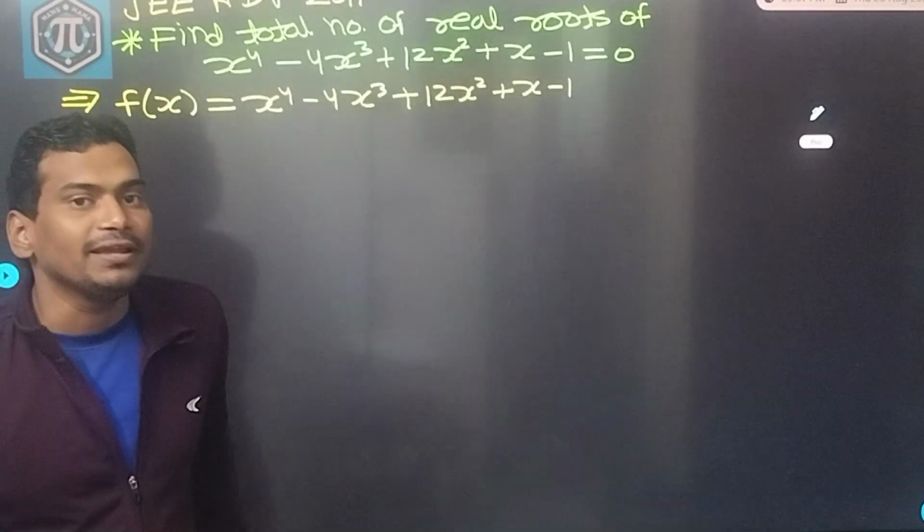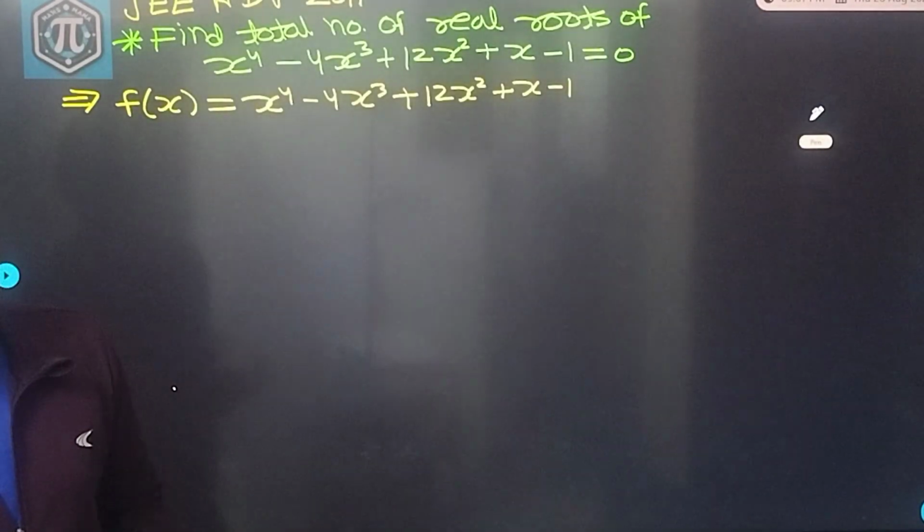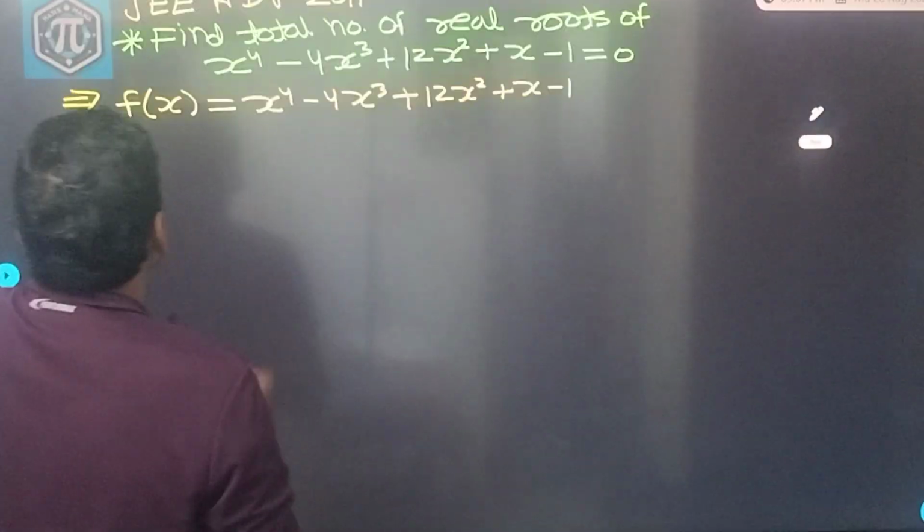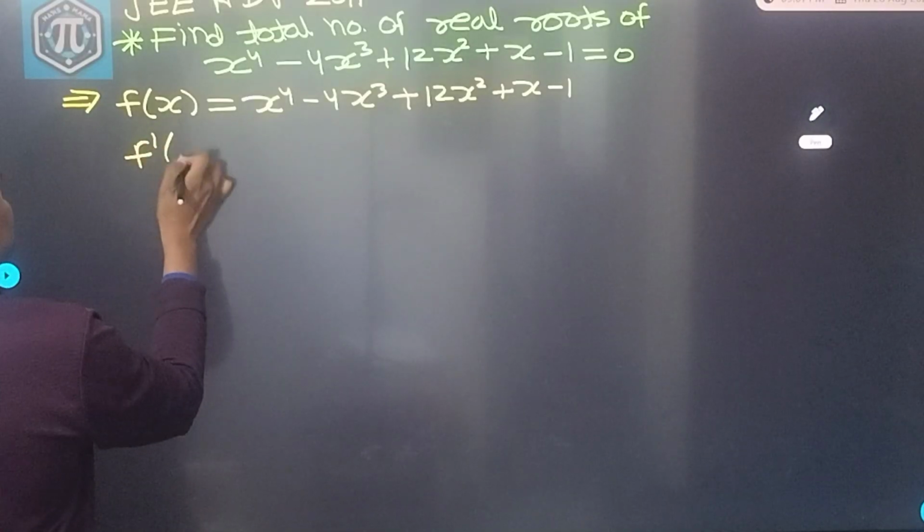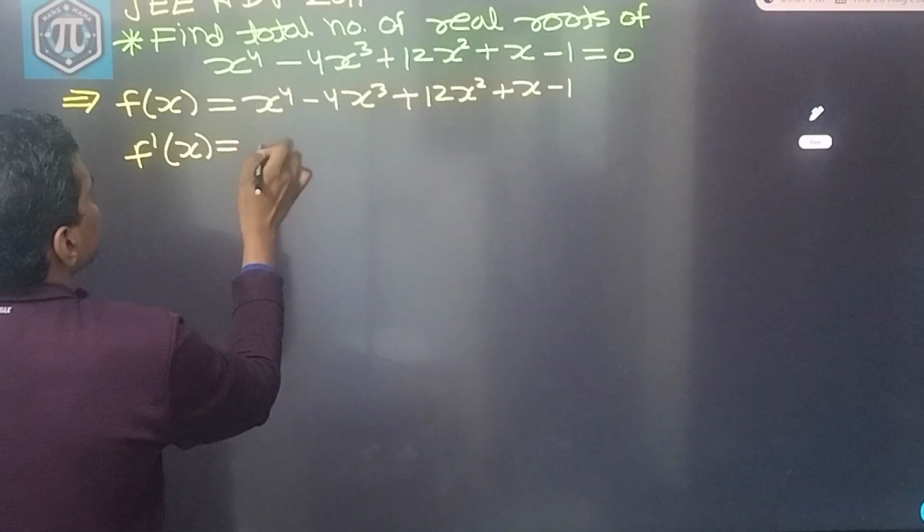So we are going to apply application of derivative. See how we will apply. First of all, f dash of x. What is dy by dx for this?